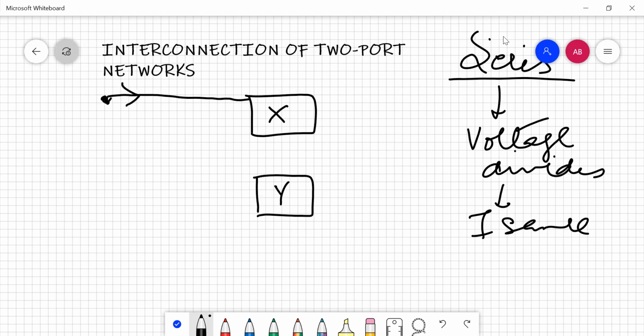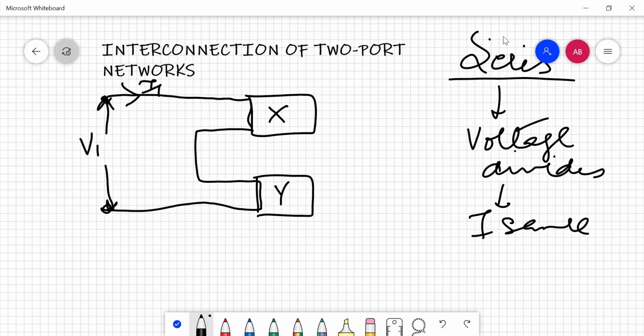If current I1 is coming here, then it should go like this to the Y as well as out of this. So now the total voltage here is V1, and the voltage will get divided between the X and Y blocks as V1X and V1Y.